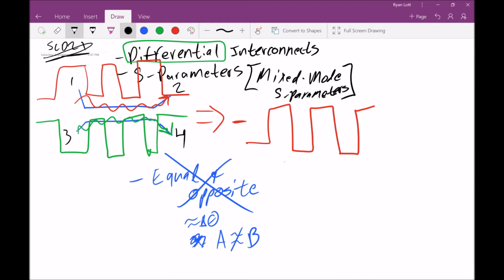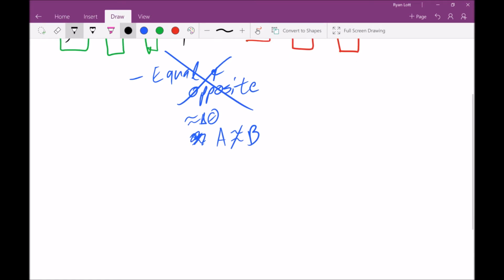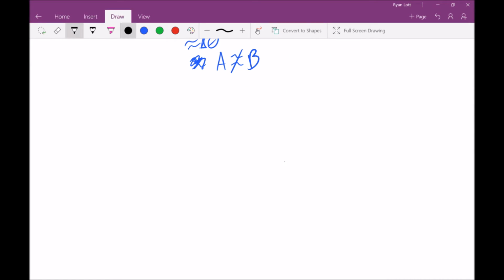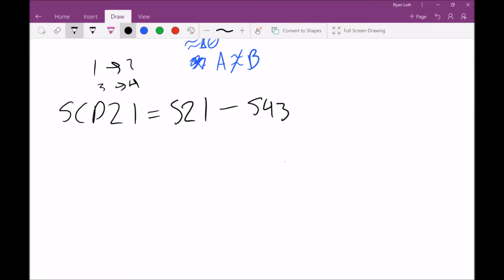So let's go back, and as I said, we're going to be focusing on SCD21. So for those of you who know, SCD21 is basically equal to S21. By the way, I'm going to be using the 1 to 2, 3 to 4 format. SCD21 is equal to S21 minus S43 plus S41 minus S23.